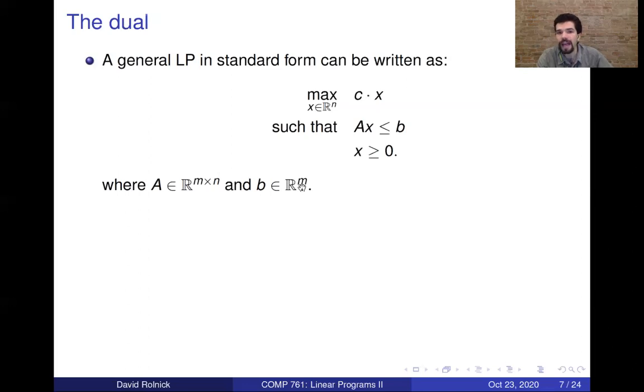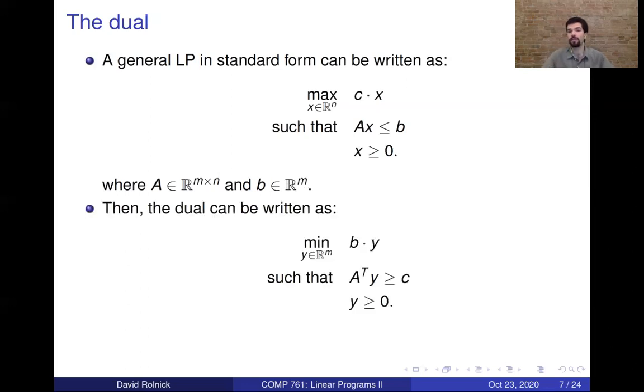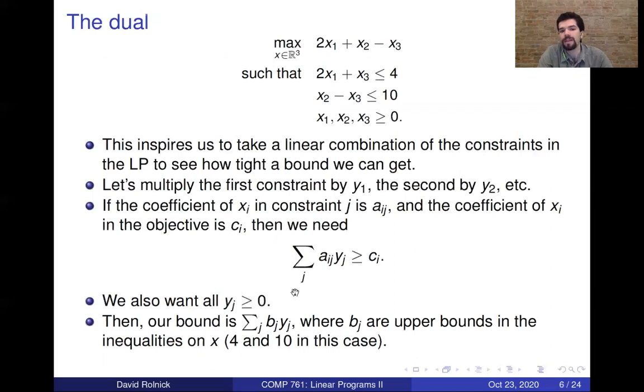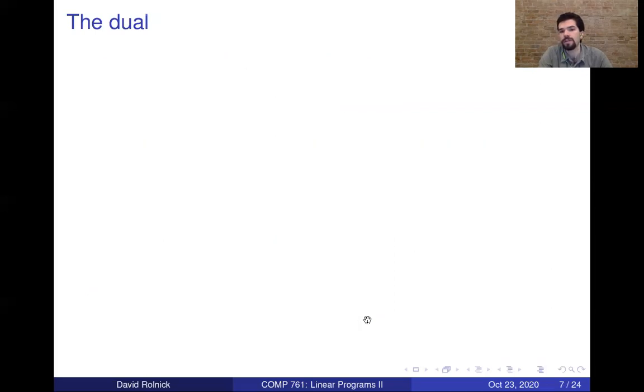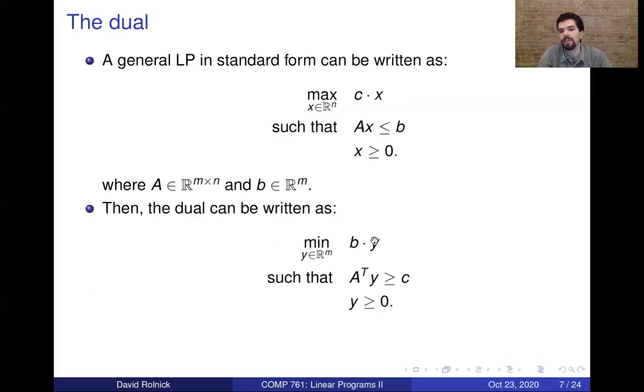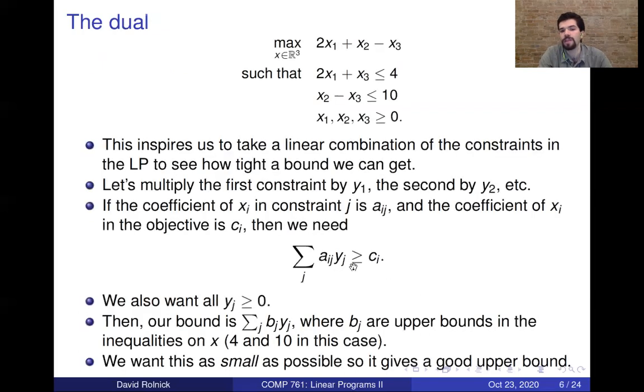And then given that, we can write the dual as just what we did on the previous slide, minimizing this sum, which is just b dot y, such that A transpose y is greater than or equal to c. That's because of this.